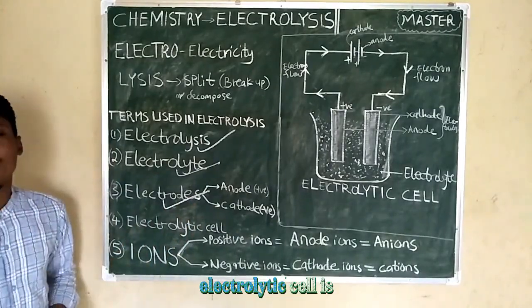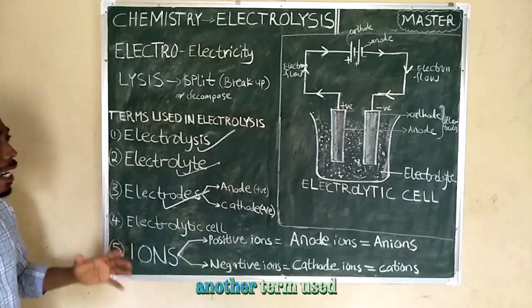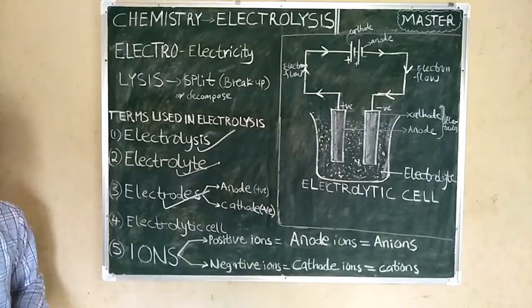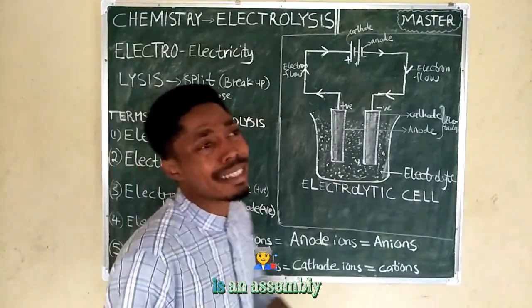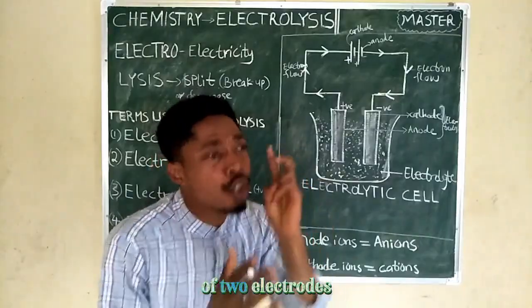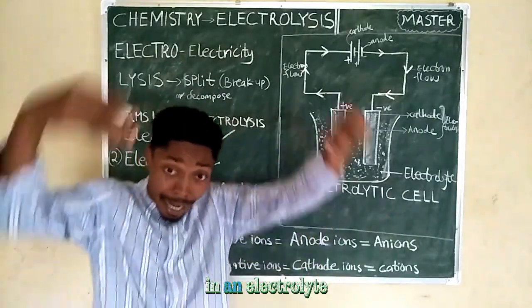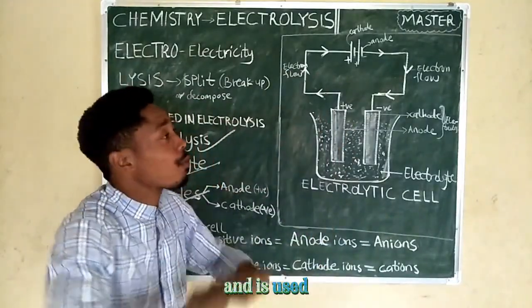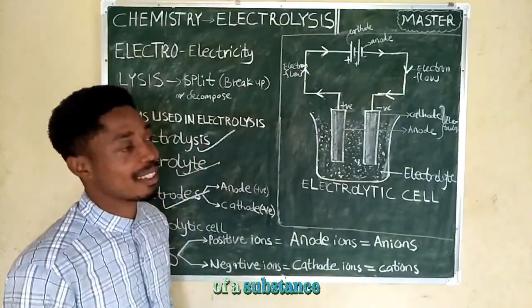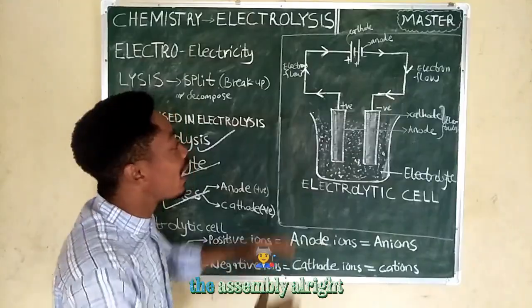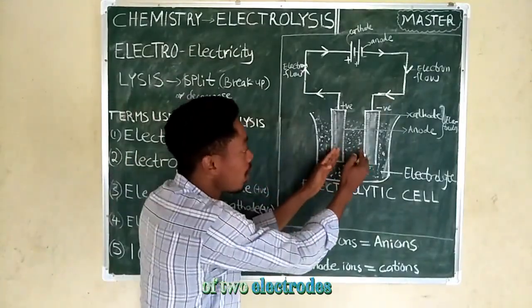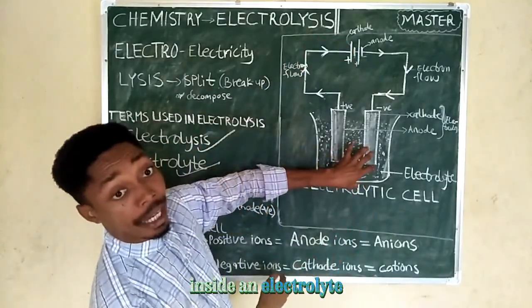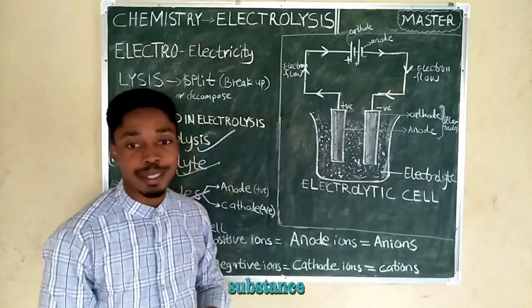Let's look at electrolytic cell. It's another term used in electrolysis. The electrolytic cell is an assembly of two electrodes in an electrolyte and is used for the electrolysis of the substance.